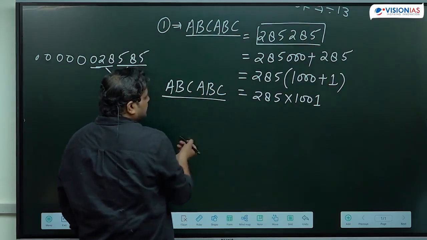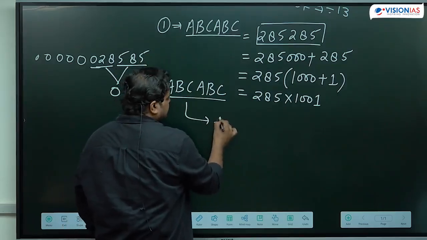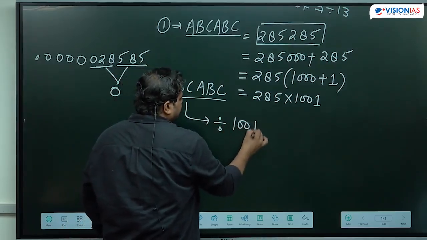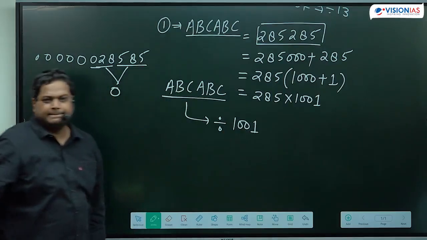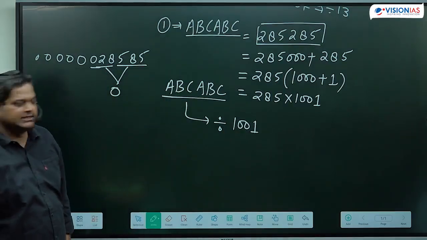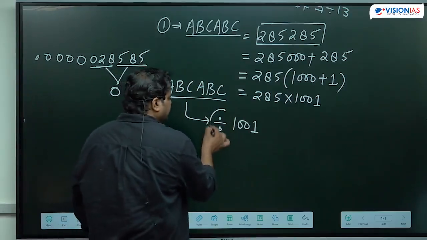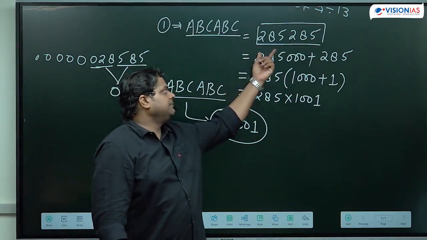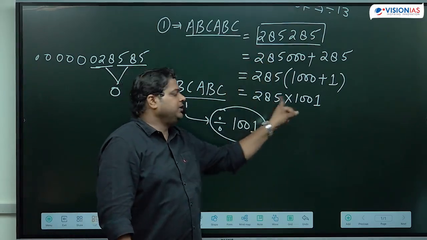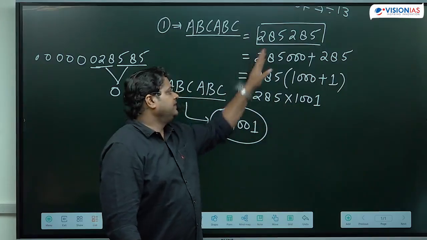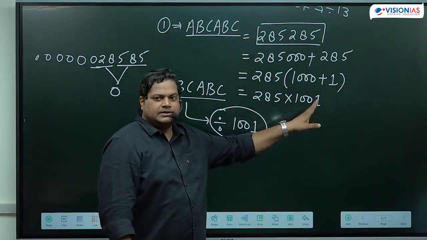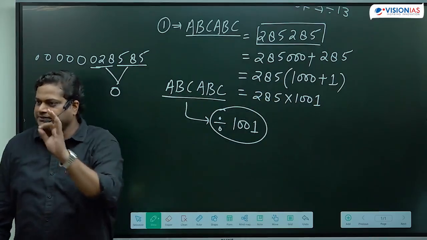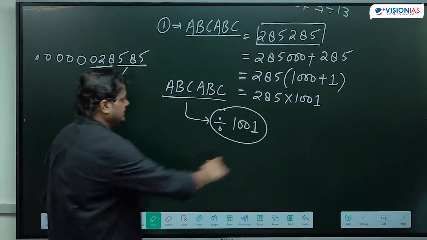That means this number is always divisible by 1001. This number is always divisible by 1001 or not? क्योंकि जो भी नंबर लो, यहाँ पे 285 की जगह पे, 123 इंटू 1001, 325 इंटू 1001. This way every time it will come. This is one observation. अब इसको जनरलाइज करेंगे.